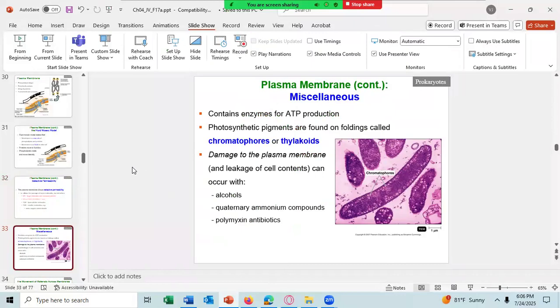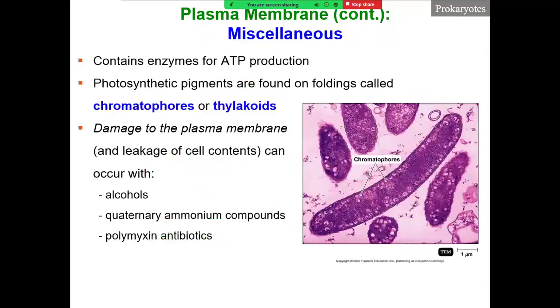All right, let's talk about some miscellaneous aspects of the cell membrane, also called the plasma membrane. The plasma membrane of bacteria has the enzymes for ATP production.